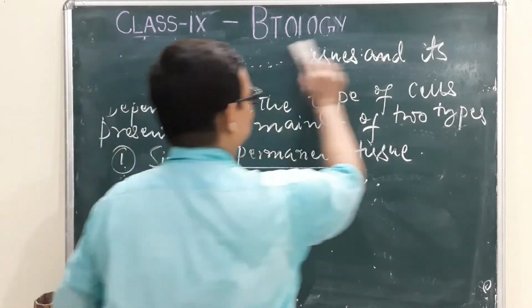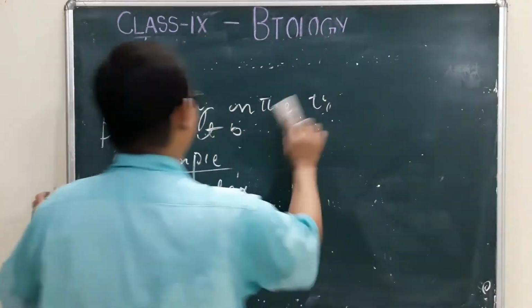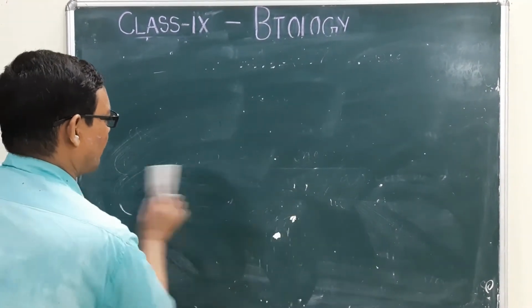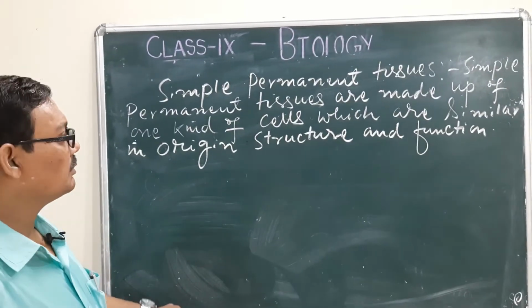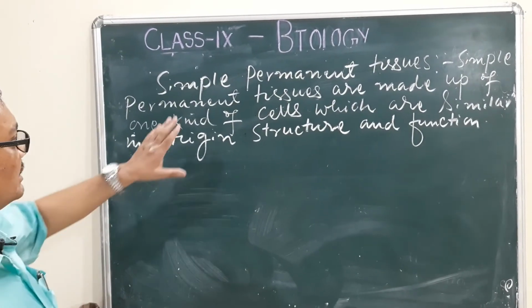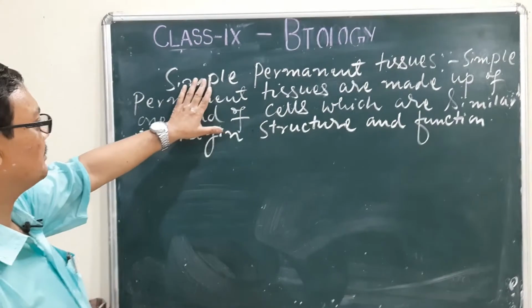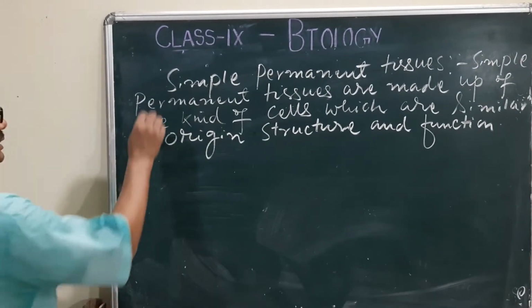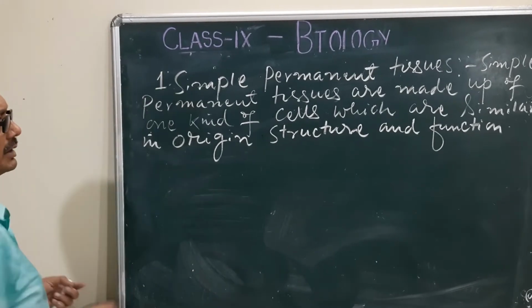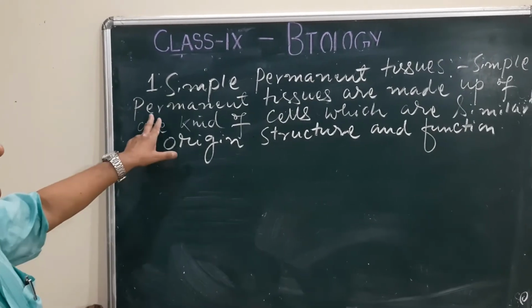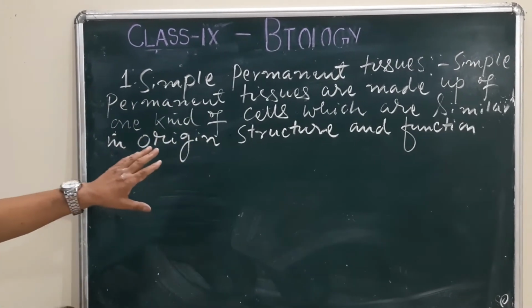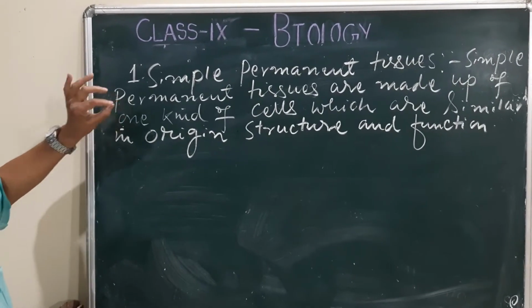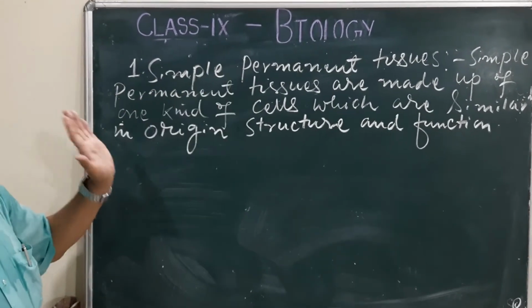Now, we have seen that permanent tissue is classified mainly into two categories. The first one is the simple permanent tissue, and the other is the complex permanent tissue. Only a single type of cell composes this type of tissue.